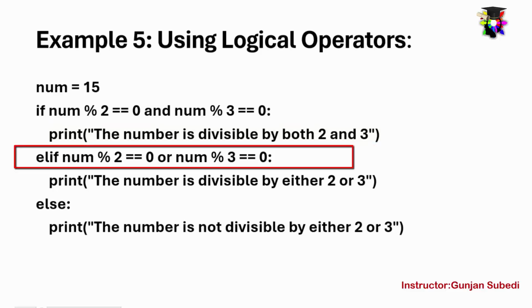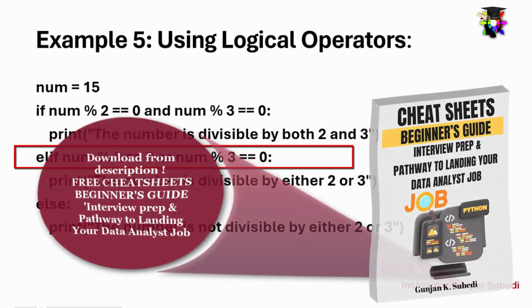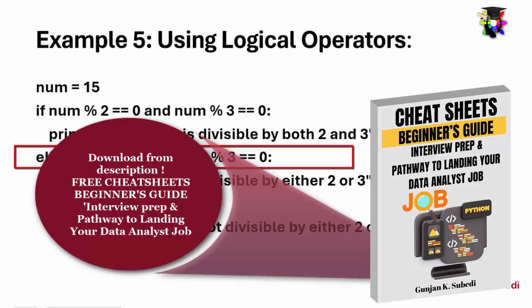If both conditions are true, it prints that the number is divisible by both 2 and 3. Now this statement, if the previous condition is not met, this line checks if the number is divisible by either 2 or 3. It checks if the remainder of the number divided by 2 is 0 or if the remainder of num divided by 3 is 0.